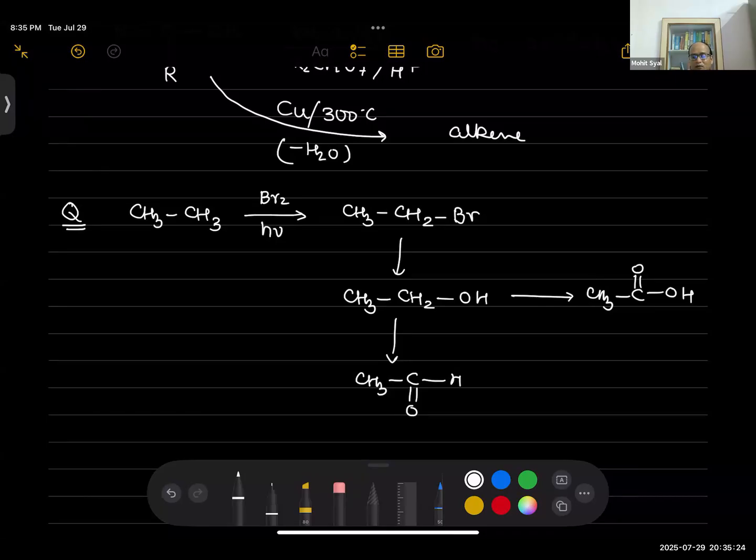I hope this is clear to all of you. So get ready for the next. Once you have the Br, how can I replace it with OH? Just tell me quickly. Marwa, can you recall how to remove the Br and put OH in place of Br?